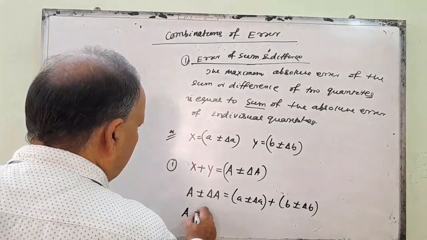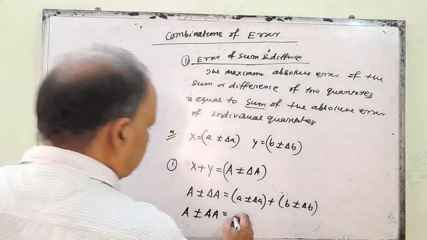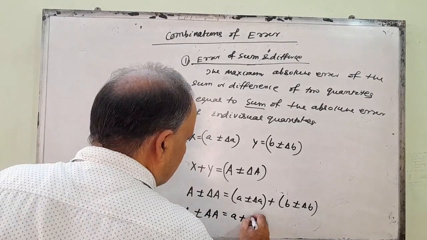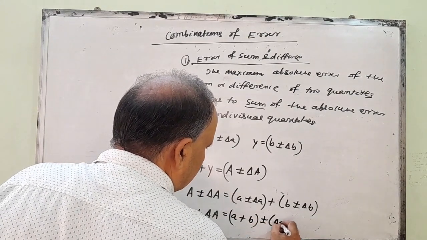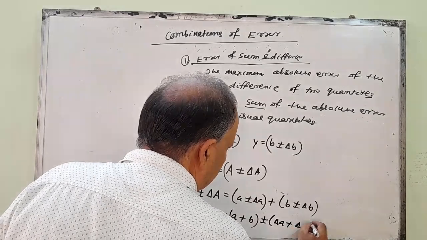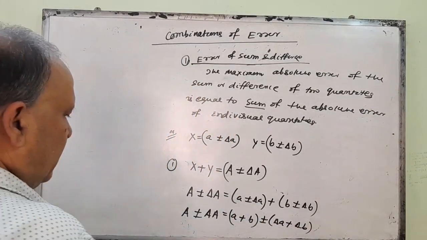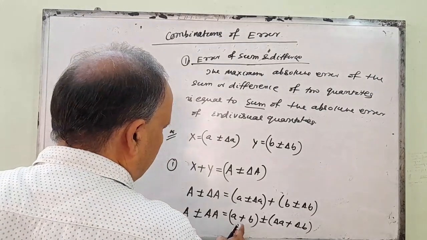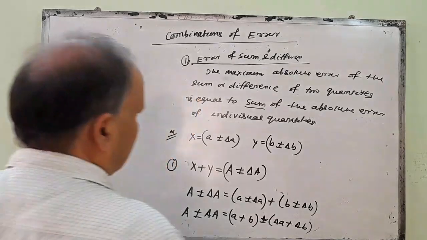That is a plus b plus minus delta a plus delta b.